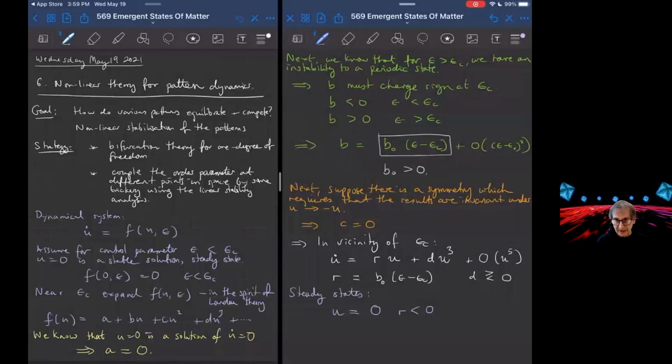So let's say u equals 0 and r less than 0, then that's a steady state, and this is the case where d is less than 0.